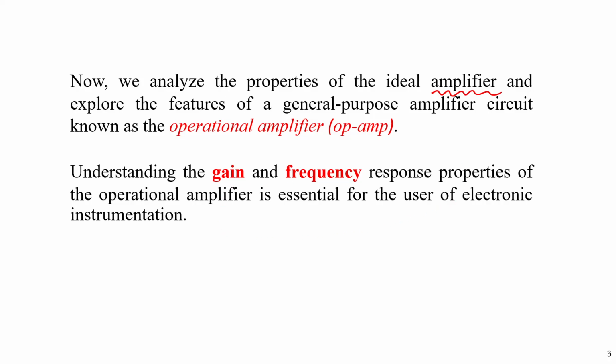To change the magnitude, we call it the gain. And then we also have the frequency response. But mainly in this topic, we talk about changing the gain of the signal.